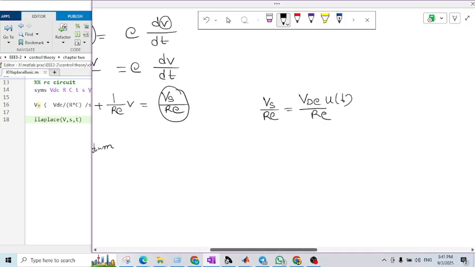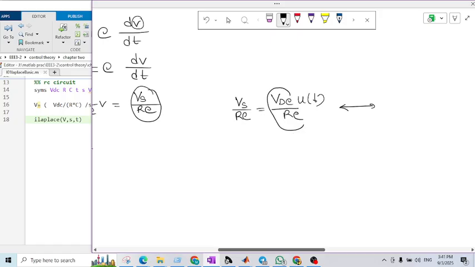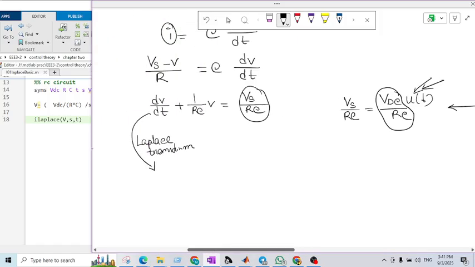If we transform this, these are constants, VDC divided by RC, so write as it is, and then write this u(t). If we transform this u, we will get 1 by s. So let's write Vs by RC is equal to VDC divided by RC times 1 by s.